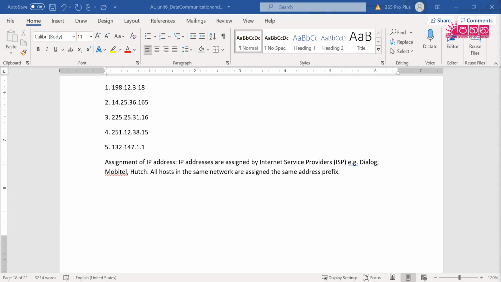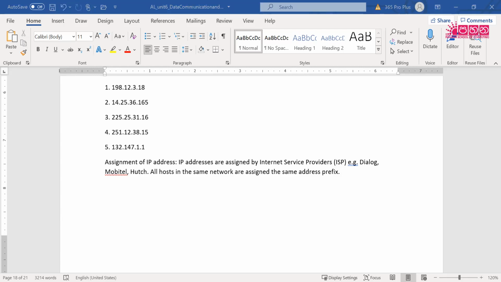So address prefixes are assigned by a central authority and updated from the ISP. So ISPs give this.